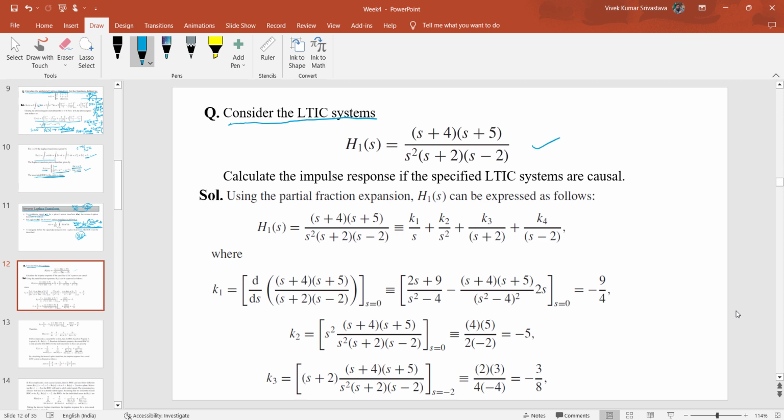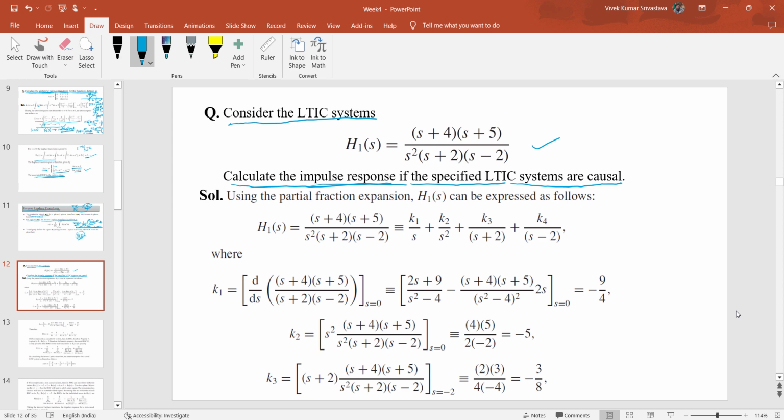This system is given to us. Now calculate the impulse response if the specified linear time invariant continuous system is causal. So first of all, this system is given to us and we have to calculate the impulse response.